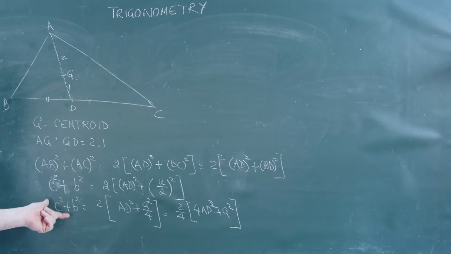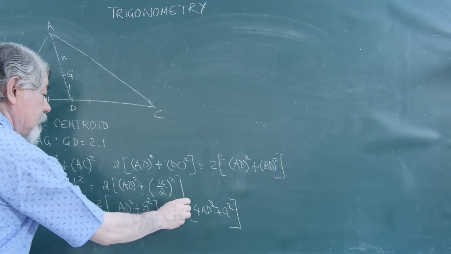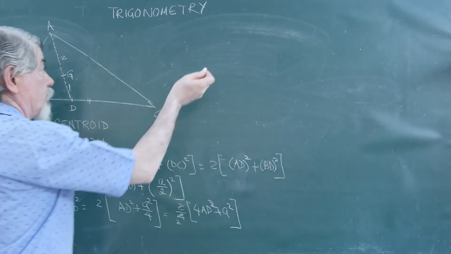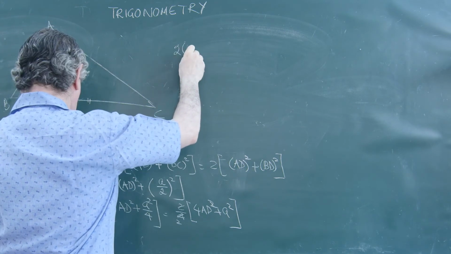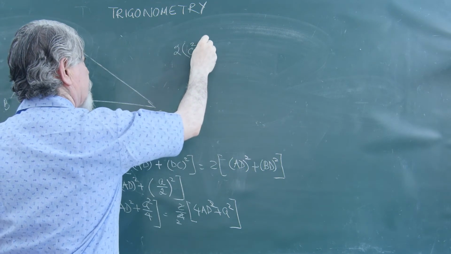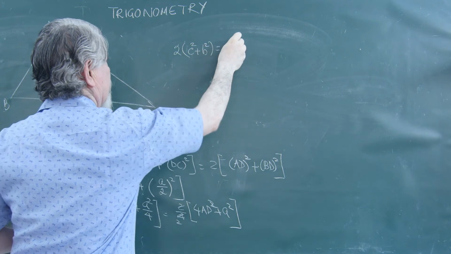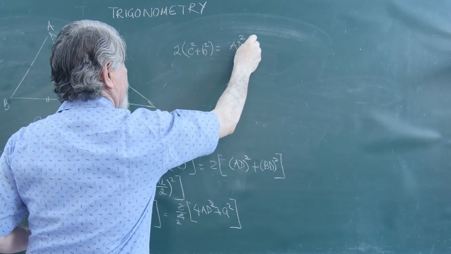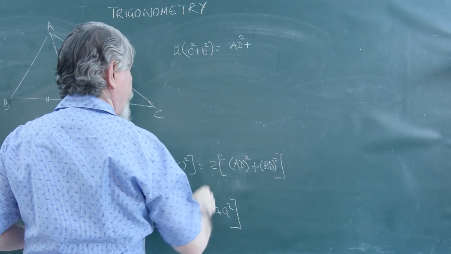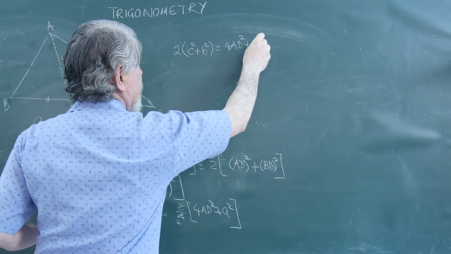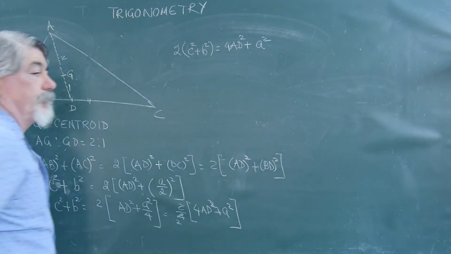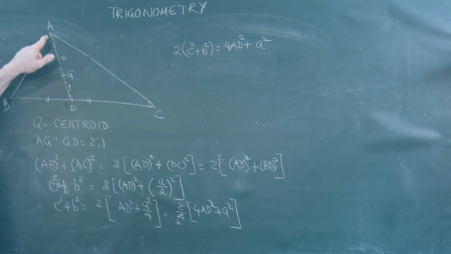Now what I am going to do is, it will cancel. So cross multiply 2 into C square plus B square. When I multiply this side, I will get 4AD square plus A square. So I am basically going to calculate the length of the median.